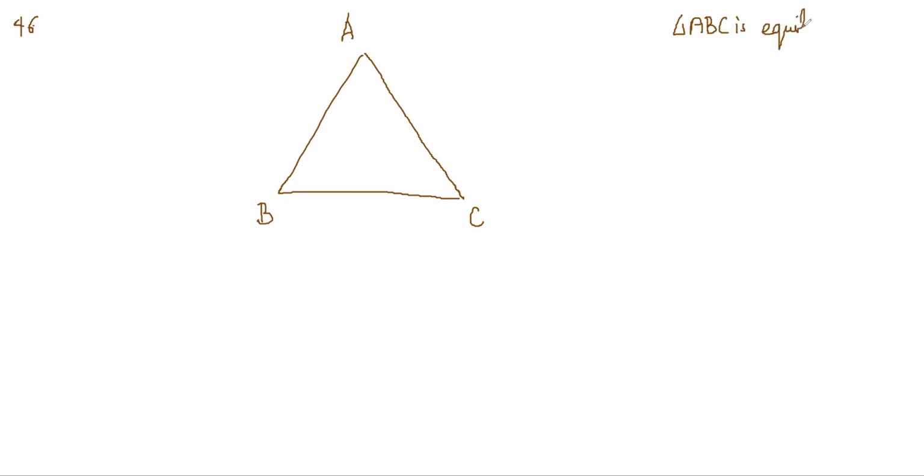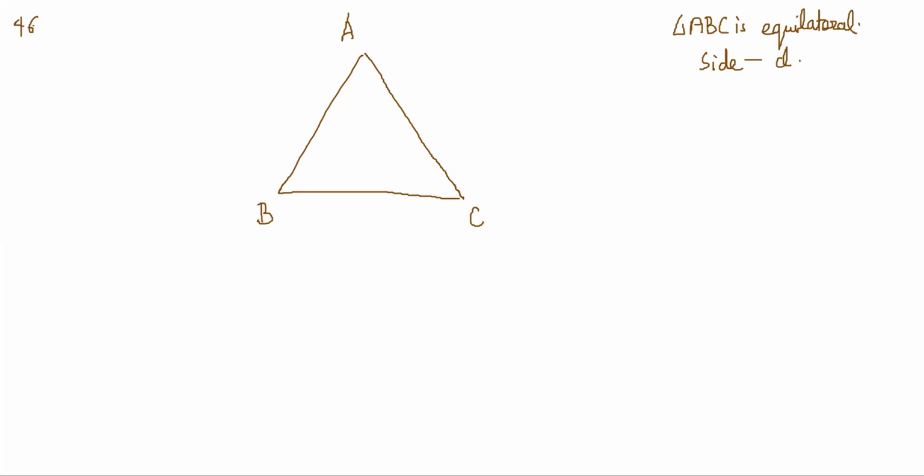Okay, triangle ABC is equilateral, with side D. There's a point inside it, and the distances from the vertices are 3, 4, and 5.